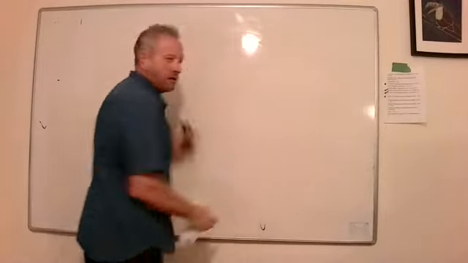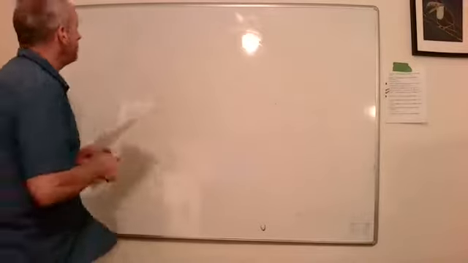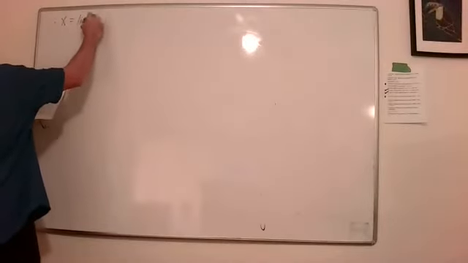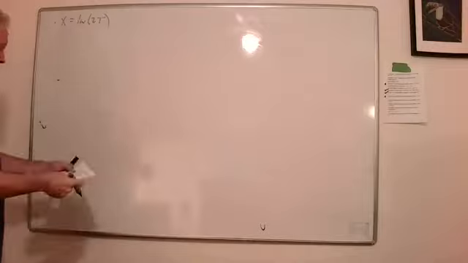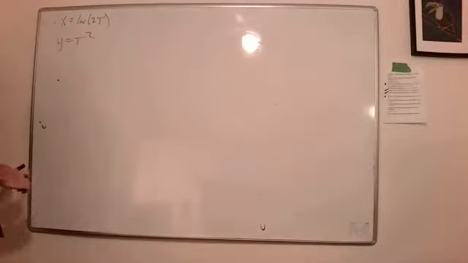I'm hoping for the best now. Hope this works out really nice, the last one here. x equals natural logarithm of 2t, and y is equal to t squared.